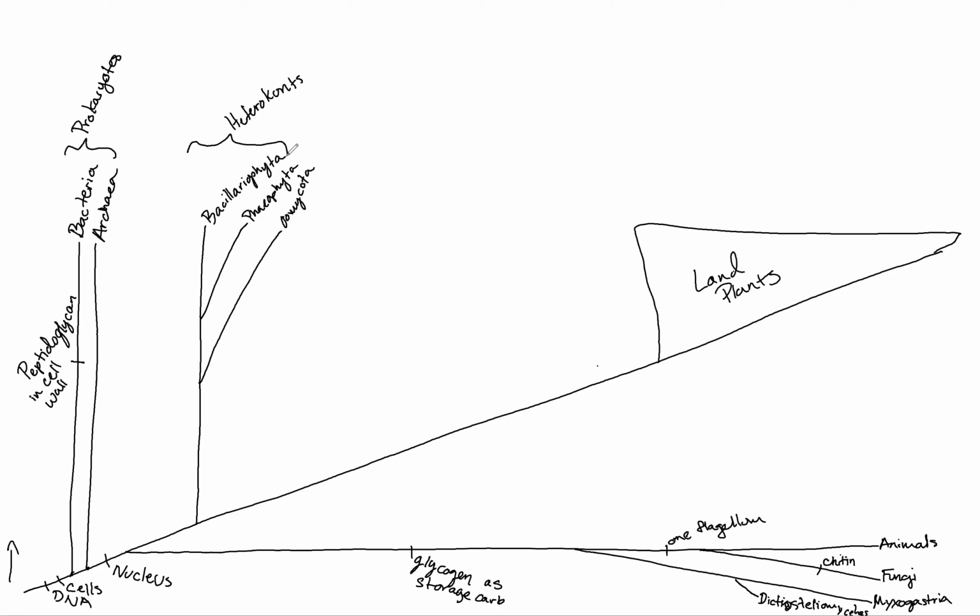So all of these are heterokonts, and we could have a trait that unites them, the heterokont flagellum, or flagella, sorry. For those traits, we could also put cellulose in the cell walls, and maybe that would be lost in the Bacillariophyta. It doesn't unite all of them. We could also put something like diplontic life cycle, because when these do sexually reproduce, all of them have a diplontic life cycle. But heterokont flagella is how we really tell that these are all related.